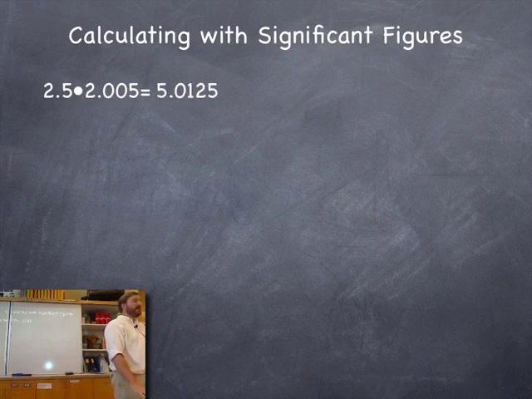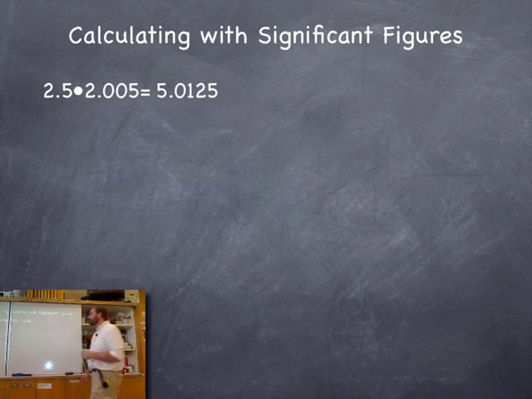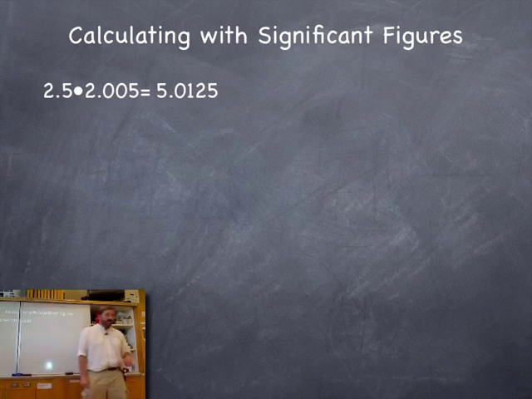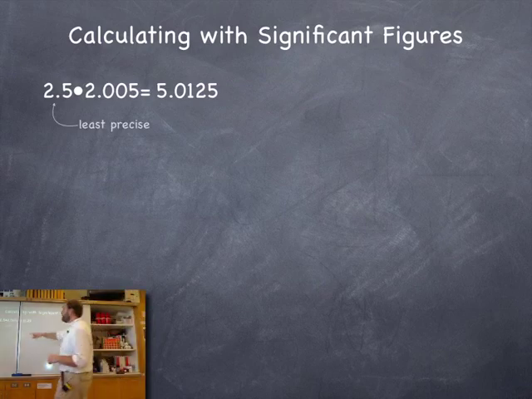If I punch this into my calculator, I get an answer of 5.0125. But this 2.5, I only really know 2 digits of it.